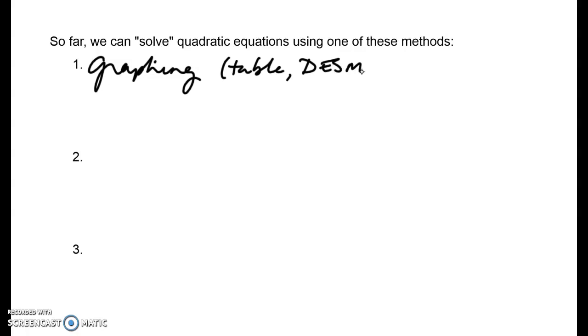Before we move on with the quadratic formula, let's recap how we can solve equations, what we've already learned in this unit. So the first way we solved is just simply by graphing. Remember doing that? You set up a table of values and you graphed it, or you used Desmos to graph.